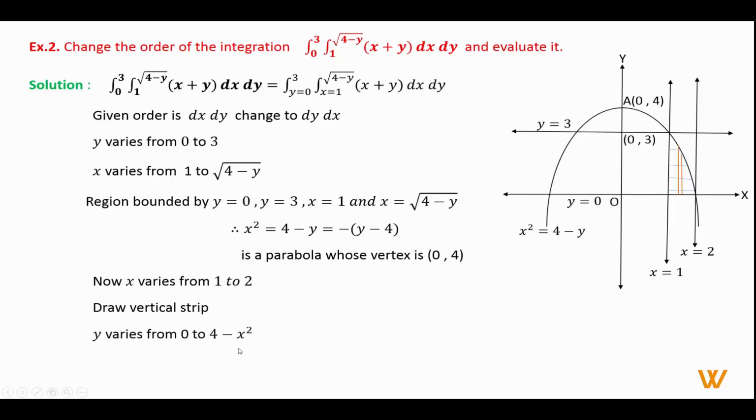Y varies from 0 to 4 minus x square. So the given integration, 0 to 3, 1 to square root 4 minus y, x plus y dx dy, equals x varies from 1 to 2, y varies from 0 to 4 minus x square, x plus y dy dx. This is the change of order.